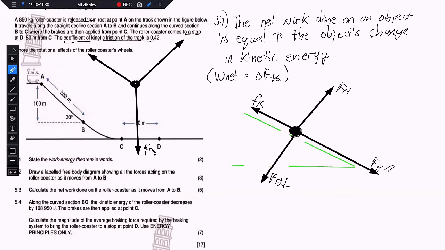So with your Fg here, and then your normal force, and then your kinetic frictional force, right? So either one of these would be correct. And then always remember with this one here, if you are done, just erase the incline. They don't want it there. So yeah. Then nice.